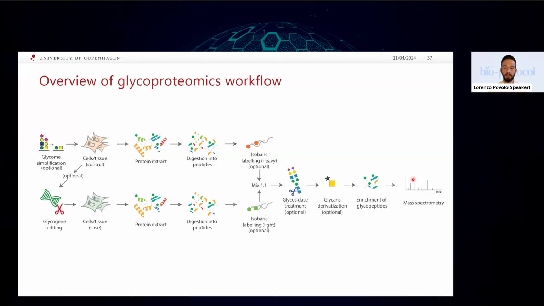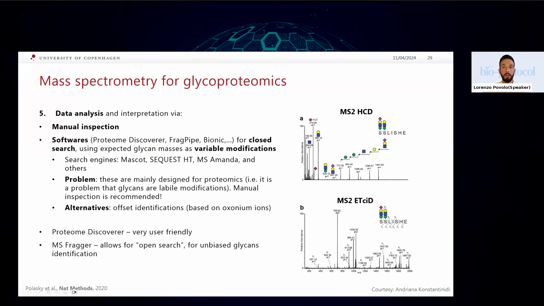But other than the software that I mentioned, MSFragger, I will go back to the slide if I can find it quickly. That could help in the unbiased identification of what glycans are there. So I like MSFragger. It's quite user-friendly software, and it's becoming more and more user-friendly and more versatile.